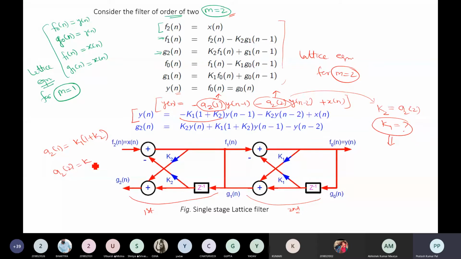So by using these two expressions, we can find out the k1 value in terms of a2 1, and that will be a function of a2 of 1, a2 of 2. Okay, so once we know the k1 and k2 values, we can just draw the first stage and second stage of the lattice structure of an all pole IIR system.